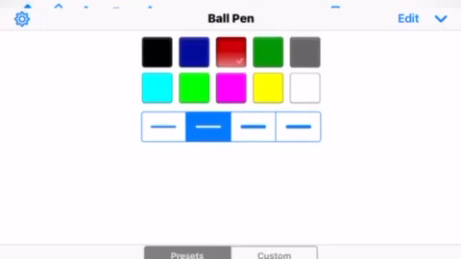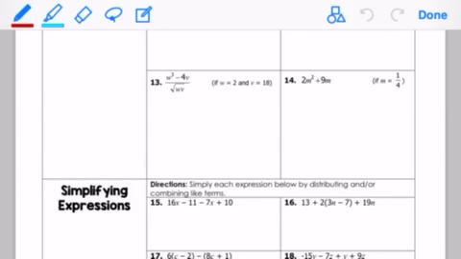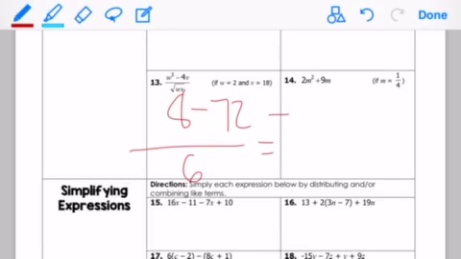Okay, so we were at 8 minus 72 all over 6. Okay, so 8 minus 72 would be negative 66. Is that right?